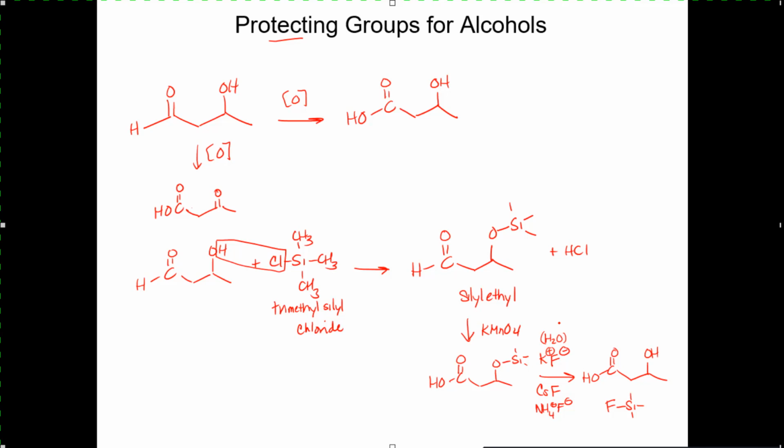And it would allow me to react something else in the molecule with a reagent that would react with the alcohol if it was allowed to. So what I do is I protect the alcohol, do my reaction, and then this step is technically what is called a deprotection step, so that I would get back my alcohol product.